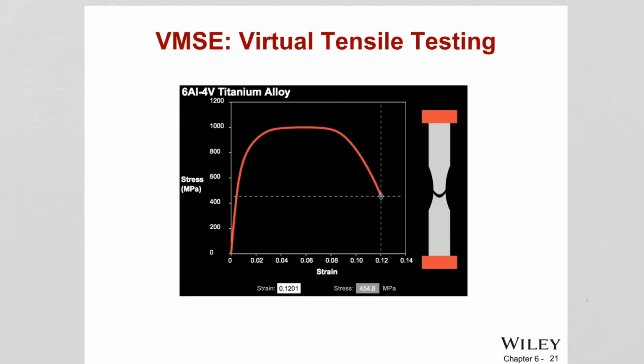So this is some data from Virtual Materials Science and Engineering. I provided you a link, and depending on the alloy you choose, it will give you a simulation of how the stress-strain data is collected, and on the right, you can see how the material is changing dimensions depending on where you are on the stress-strain curve.